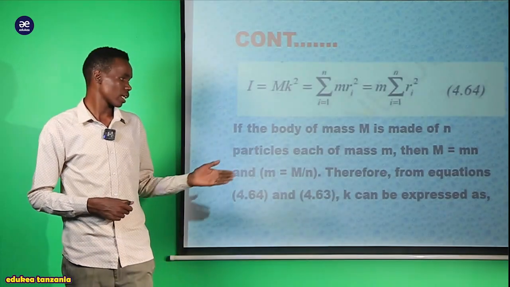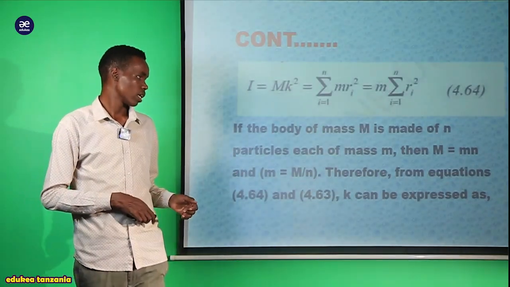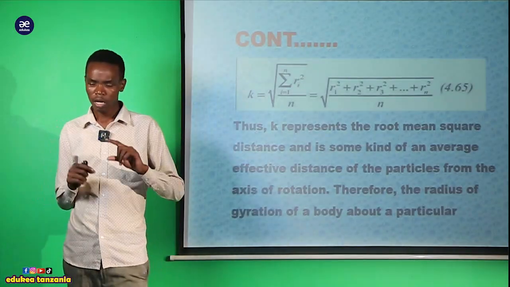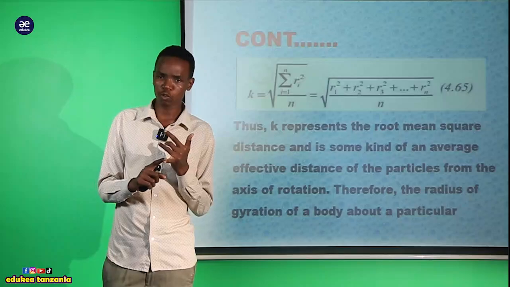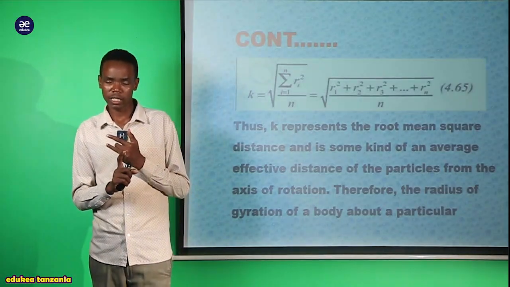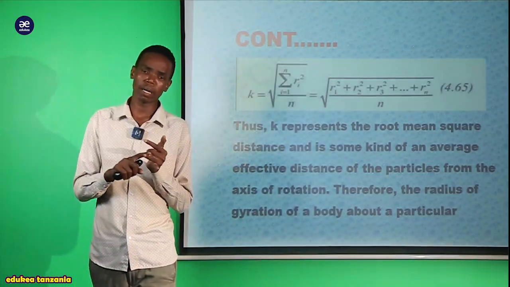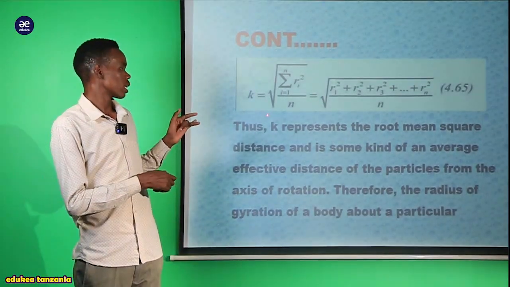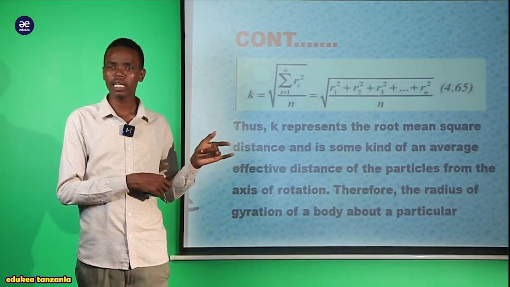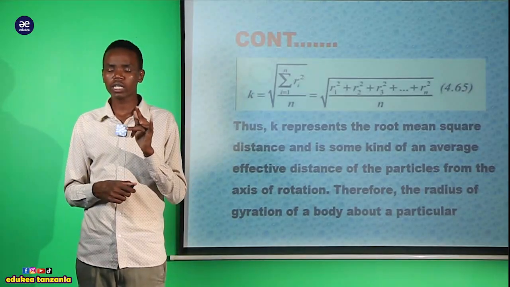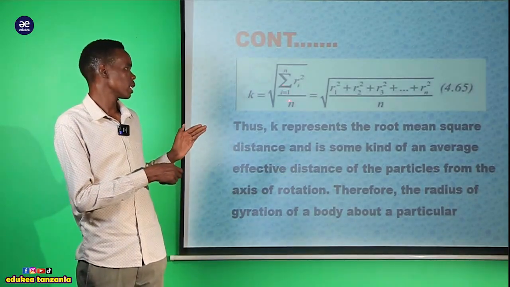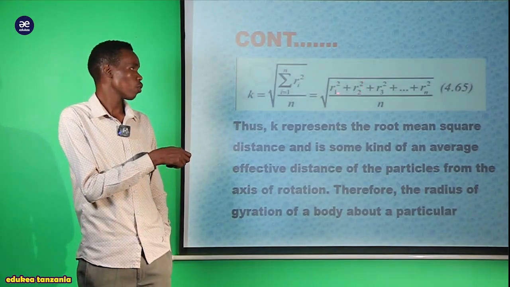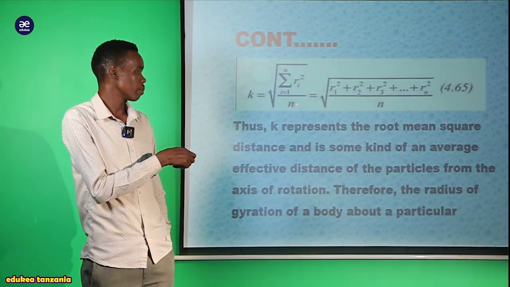Now we say that k can be expressed as equal to this one. If we consider the two equations, equation number 63 and equation number 64, we should obtain that the k, which represents the radius of gyration for a rotating rigid body, must be equal to the radical of the summation of ri square divided by n.